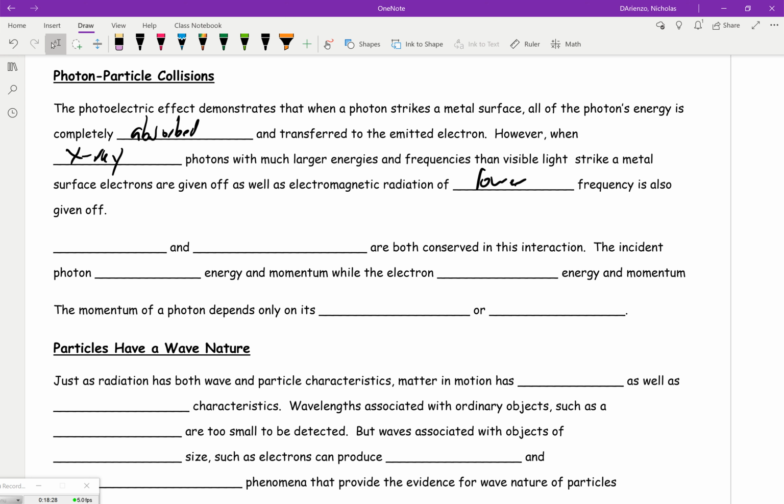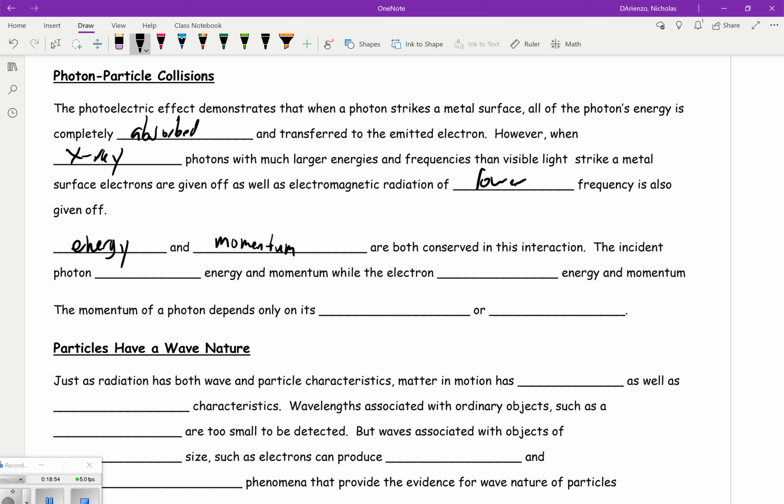Now in this scenario, both energy and momentum are conserved.